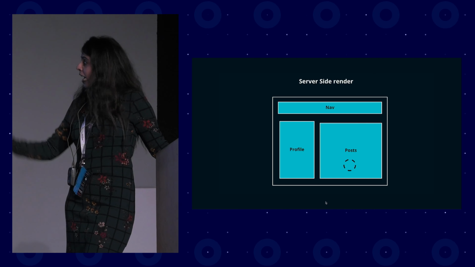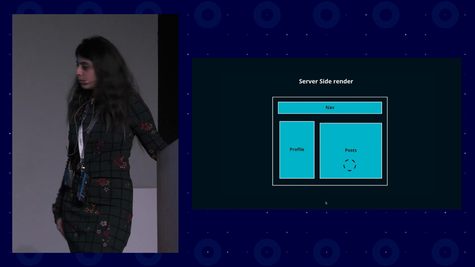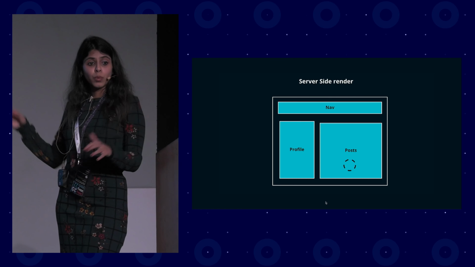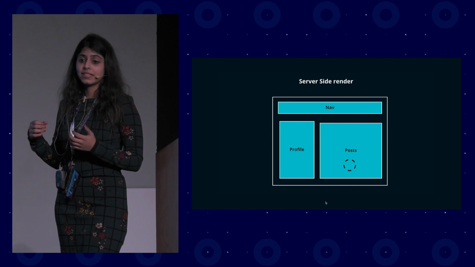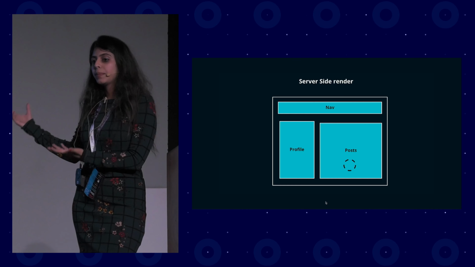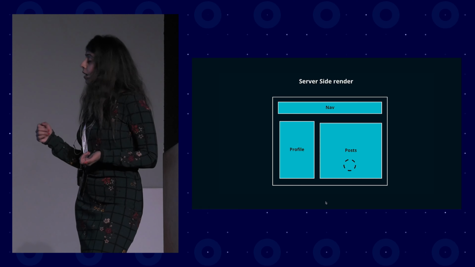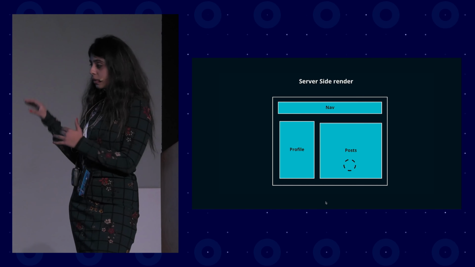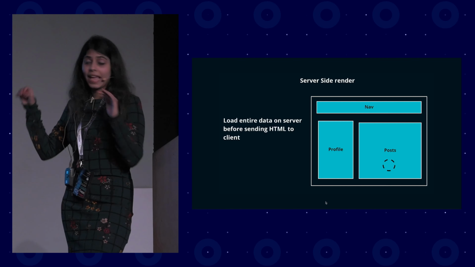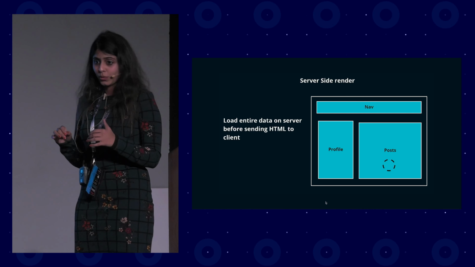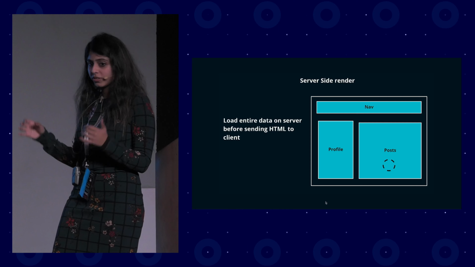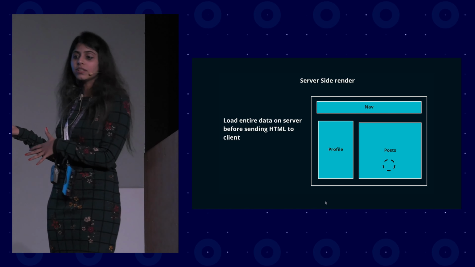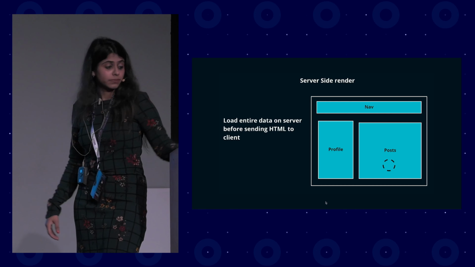So let's say we have this page which we want to render from the server. We have this navbar, profile, and the post. And the post is an asynchronous component. It's calling a heavy API and executing the post. So even if we want to send it from the server, we need to load everything on the server. So it's going to take a while for posts to load before we can send everything to the client.